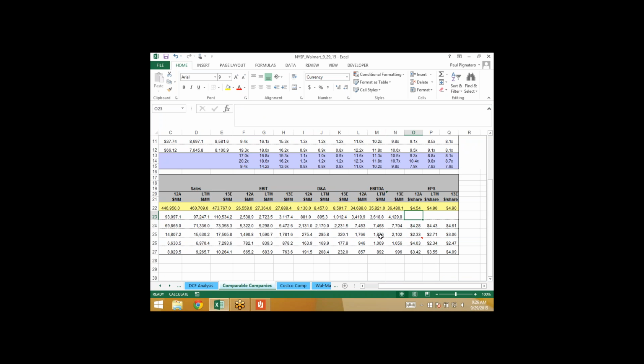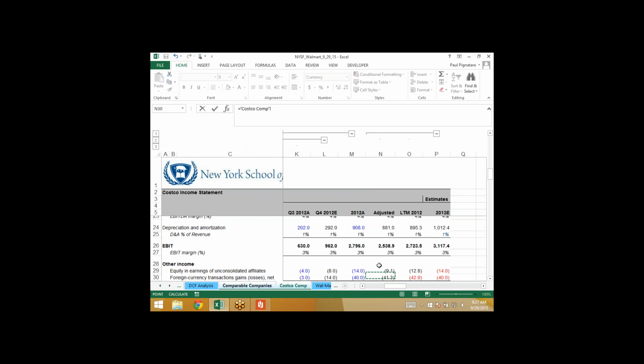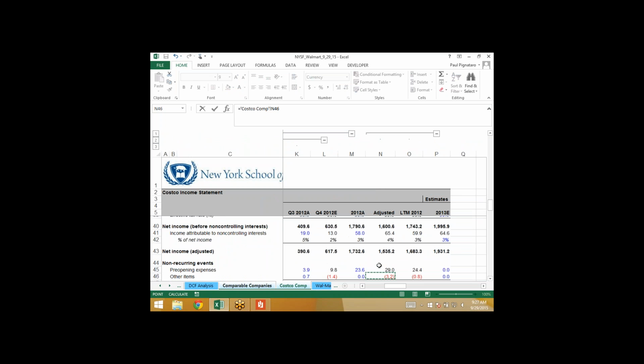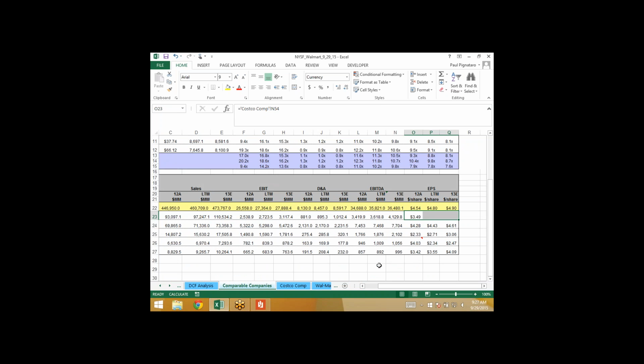And EPS, we want the adjusted diluted EPS, which is what we had done last week. Adjusted diluted, copy to the right. And with this information, we can create our multiples and then analyze the table. Everybody have that?